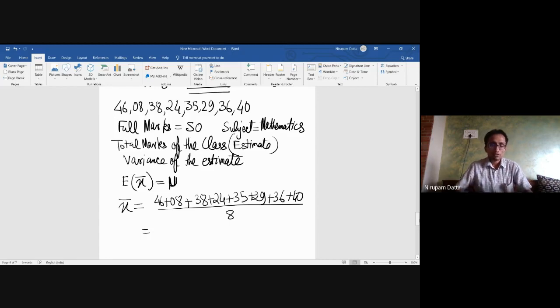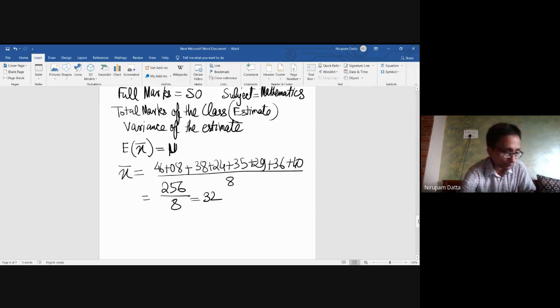So 46 plus 8 is 54, plus 38 is 92, plus 24 is 116, plus 35 is 151, plus 29 is 180, plus 36 is 216, plus 40 is 256, divided by 8 equals 32. So now the estimate for the population mean will also be 32.